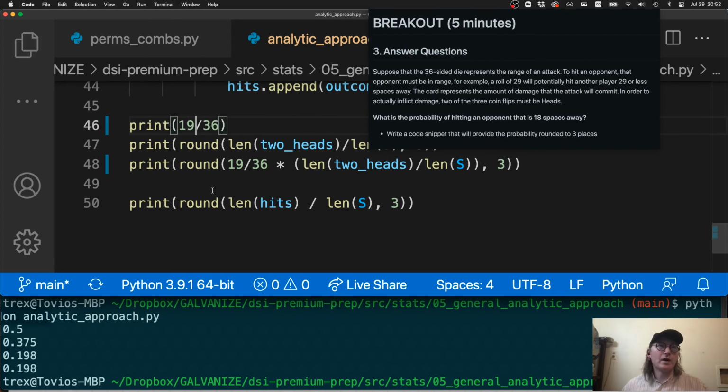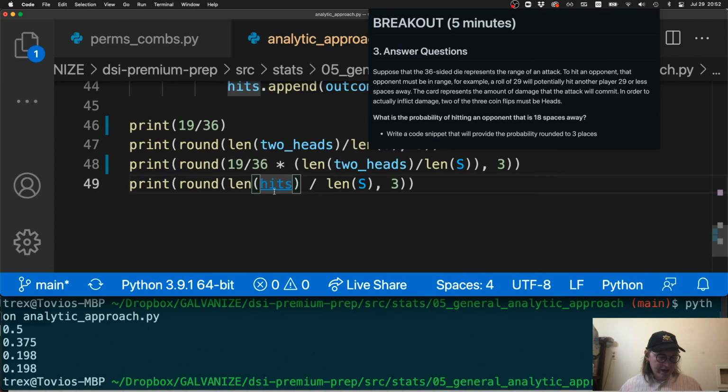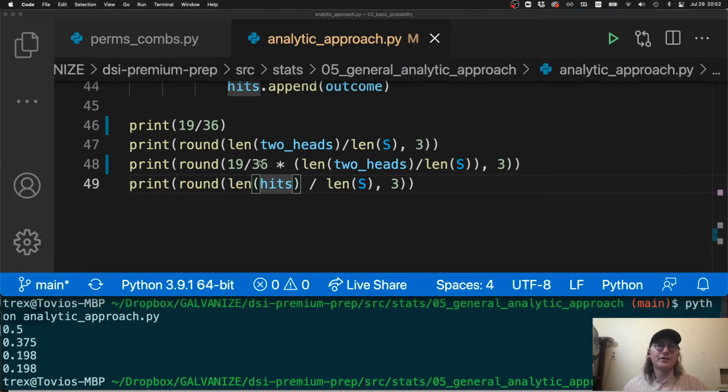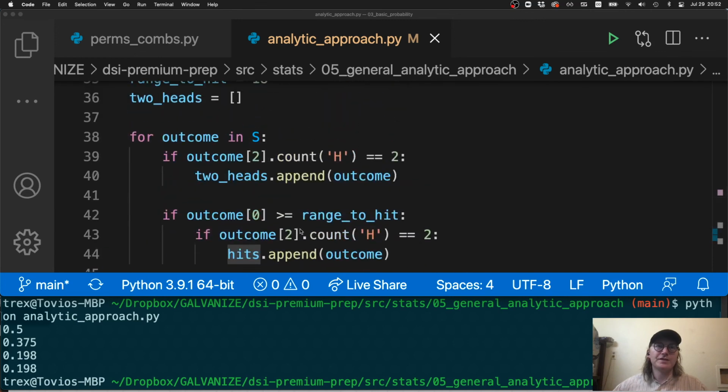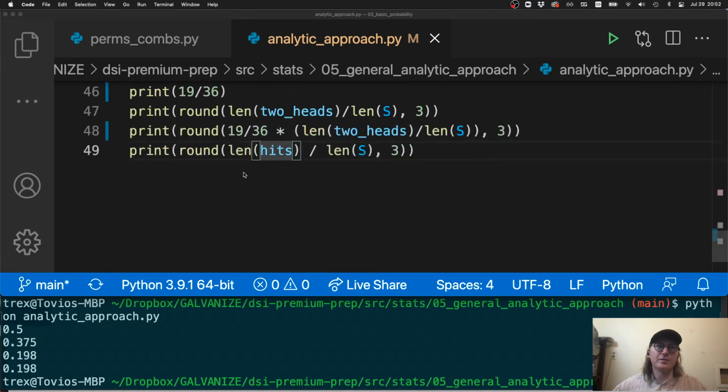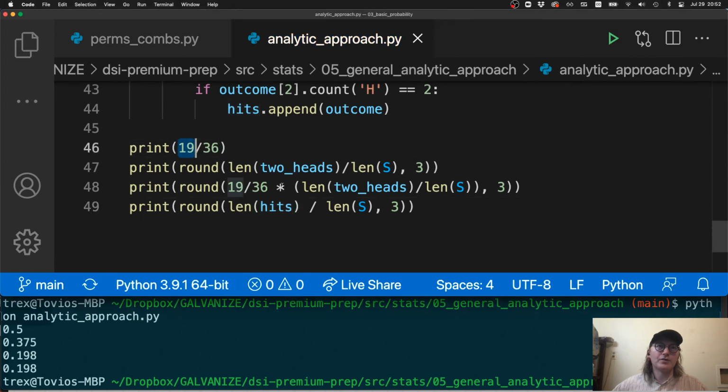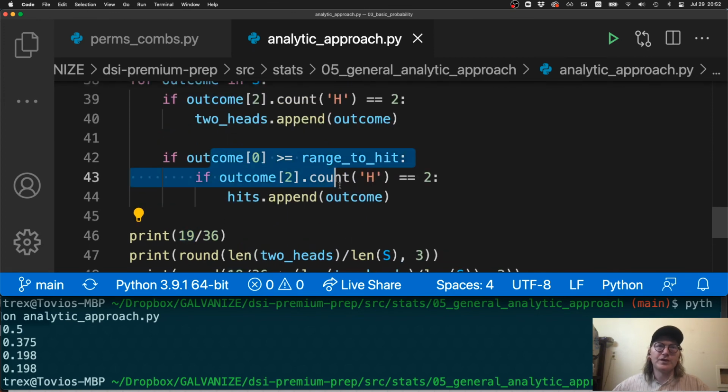So there are a couple different ways that we could solve this. We could figure out each of these sets of outcomes independently and multiply them together. 19 out of 36 because there's actually 19 ways that we could hit if they're 18 away. I just made a slight mistake. Or we could do this sort of compound conditional statement in order to filter.